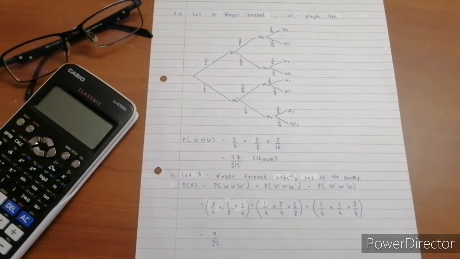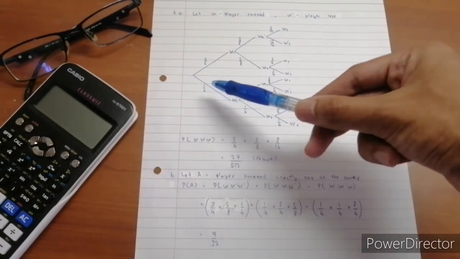First, before we build the tree diagram, we must first analyze the question. The question says that in the first game, the probability the player succeeds is 3/4, which means the probability the player loses is 1/4.